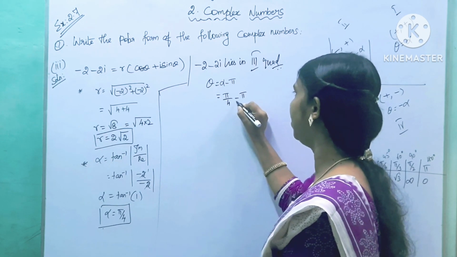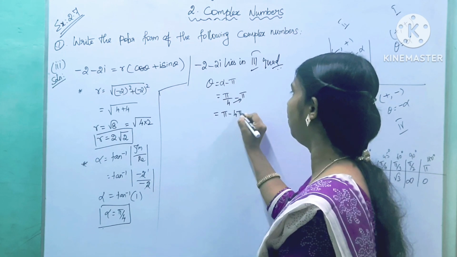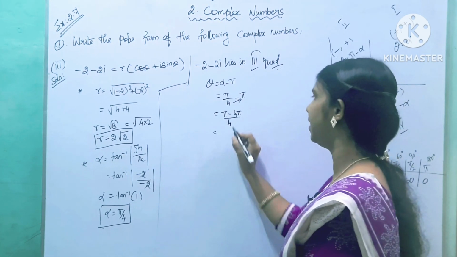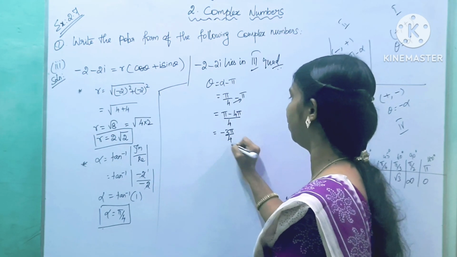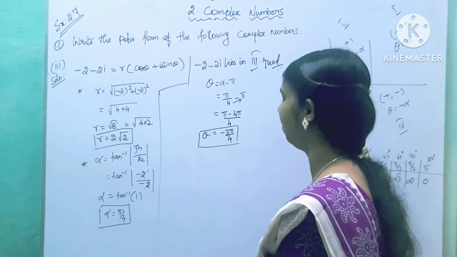So, இது ரெண்டு subtract பண்ணோம்னா just cross multiply பண்ணலாம். Pi minus 4 pi the whole divided by 4. So, pi minus 4 pi is nothing but minus 3 pi, minus 3 pi by 4. Theta is nothing but minus 3 pi by 4.